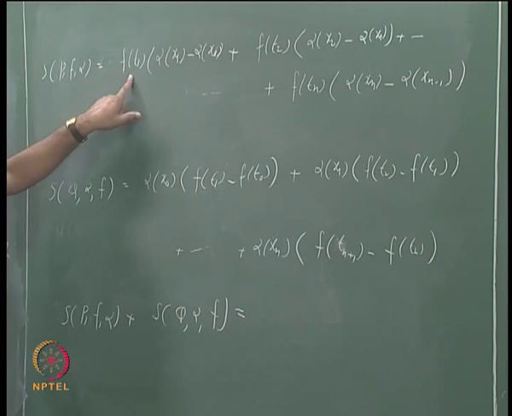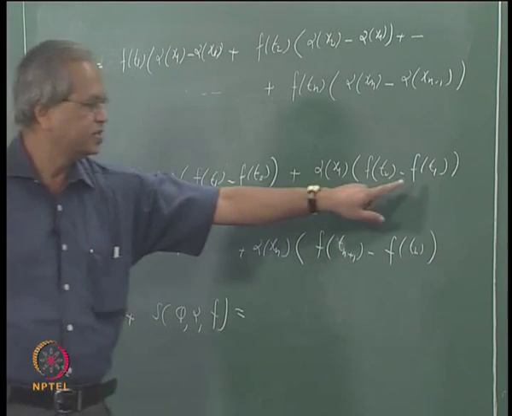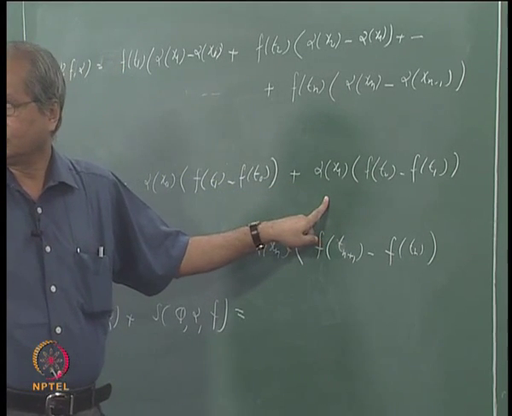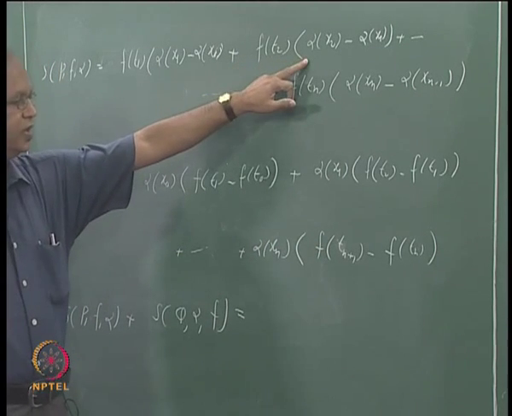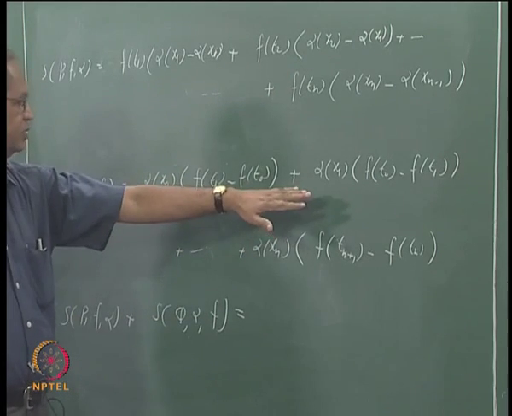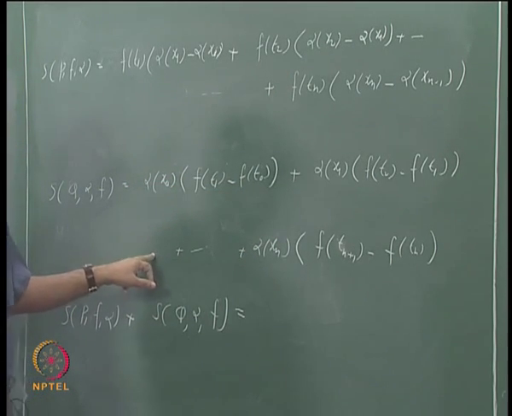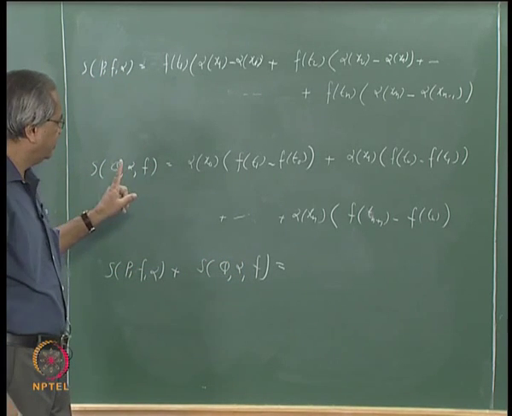Here you have the term f t1 alpha x1, and here you have minus f t1 alpha x1, it will be cancelled. Then similarly f t2 alpha x2, there will be that next term f t2 alpha x2, and it will be minus f t2 alpha x2 here. So several terms will cancel.